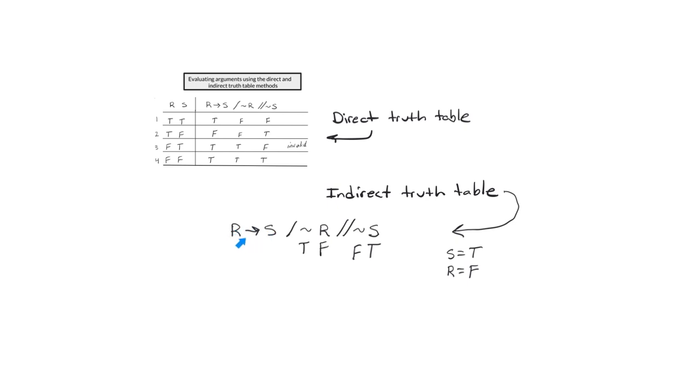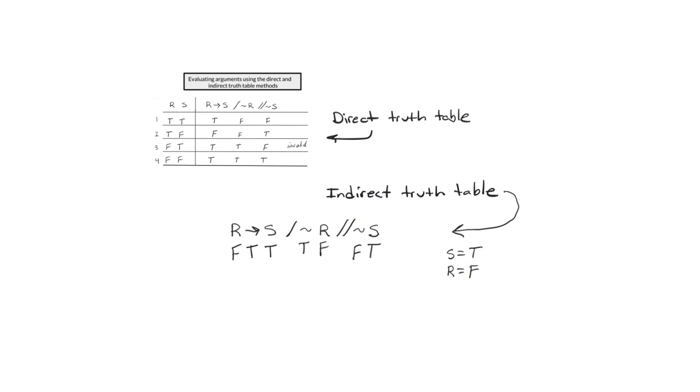Now we're down to premise one here, and we're locked into our truth values. So let's see if this will work. Well, if we're locked in for S being true and R being false, we know the rule of the conditional is that the conditional is only false when the antecedent is true and the consequent false, although all other times it's true.